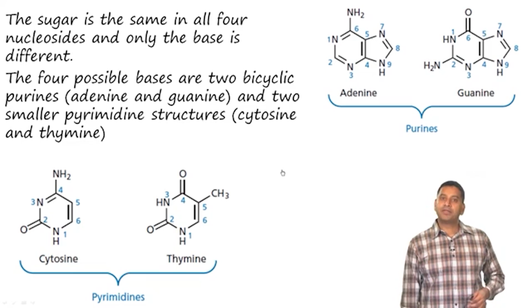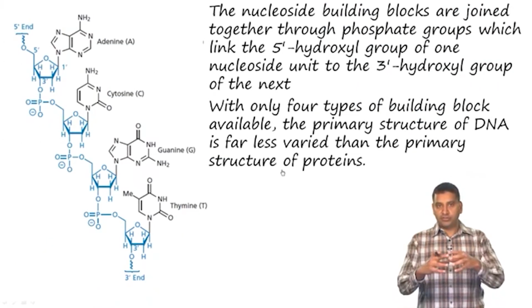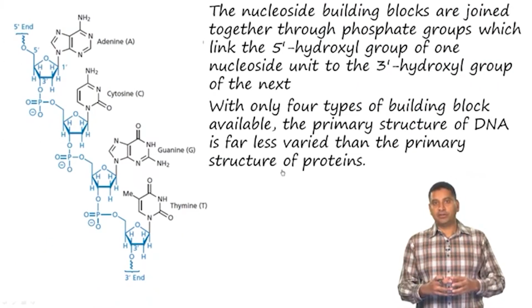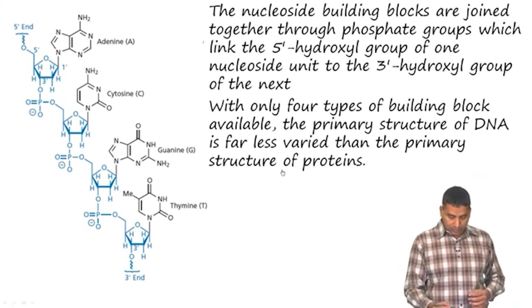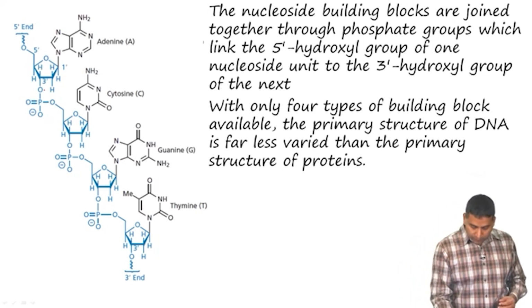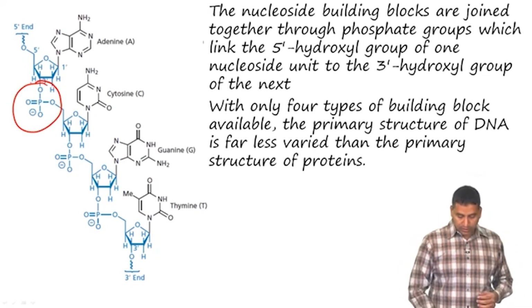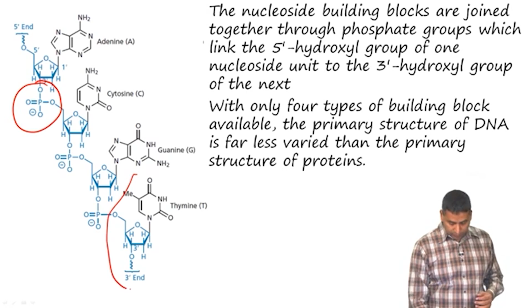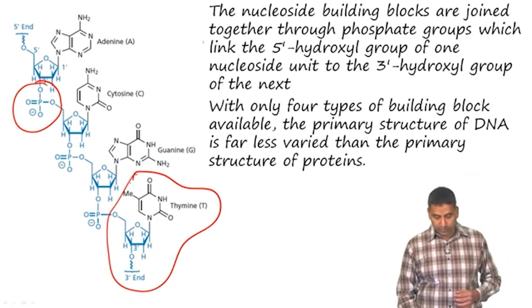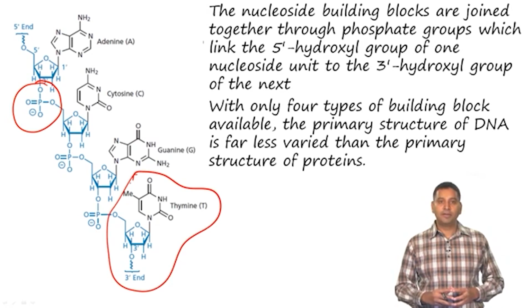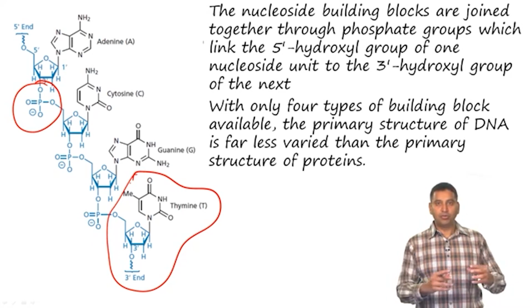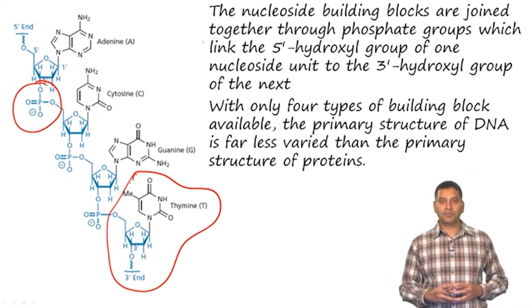Once the nucleoside building block is ready, the way it is joined together is through what is known as phosphate groups. Here is the structure of a nucleoside, for example, the analog of thymine, and the way it is linked is through a phosphate diester.